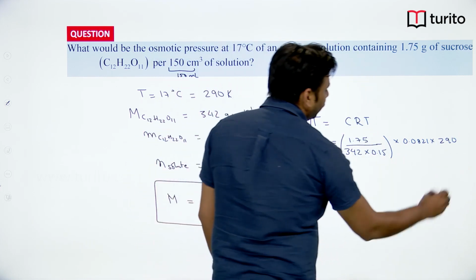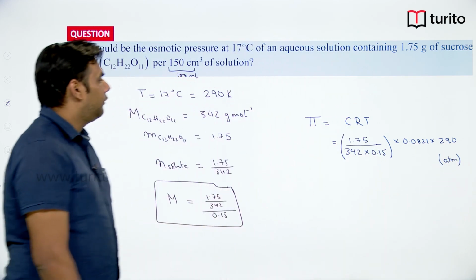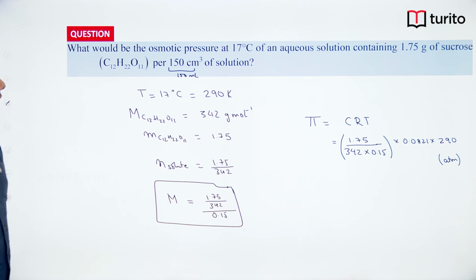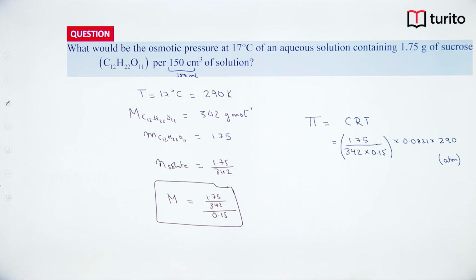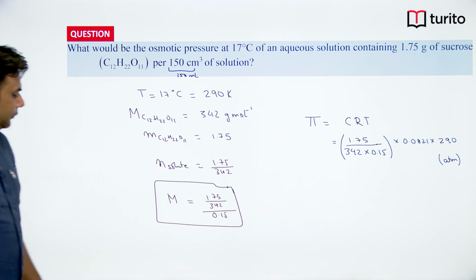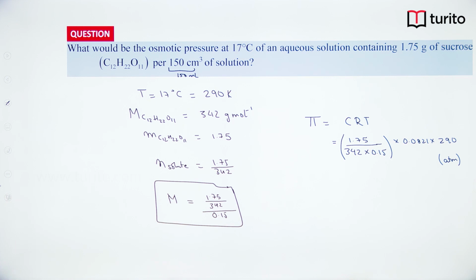So this would be the osmotic pressure in atm. So it is a direct formula based question. You can directly use the formula and calculate the osmotic pressure. Hope this is clear to you. You can take a snapshot of the question and write it in your notebook once the class is over.